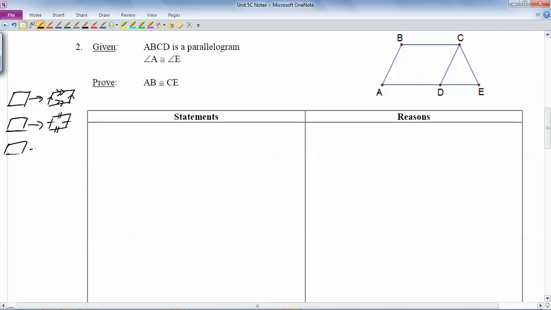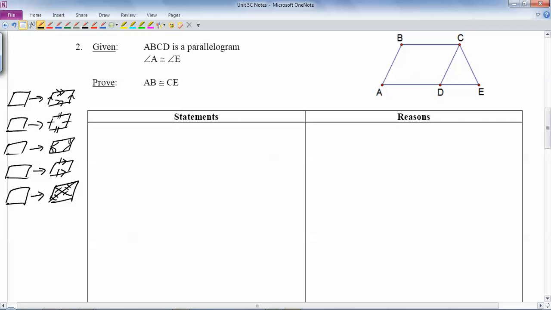Another says opposite angles will be congruent. We've got the combo of the previous two, which says one pair of sides is both congruent and parallel. And then the last one talks about the diagonals, which bisect each other, like that.